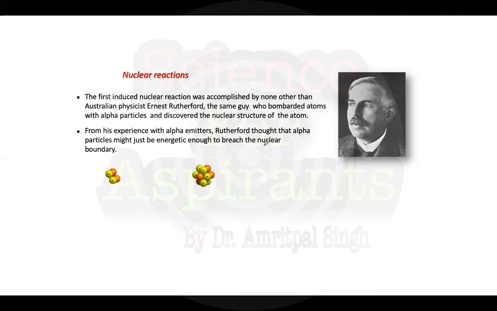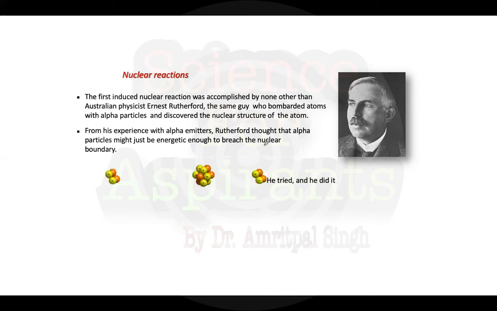So from the experience of the experiment which he had done with these alpha particles, he thought that the alpha particles might have the power, if he shot them with a very high energy, to breach the nuclear boundaries, so that they could also dislodge nucleons from the nucleus.